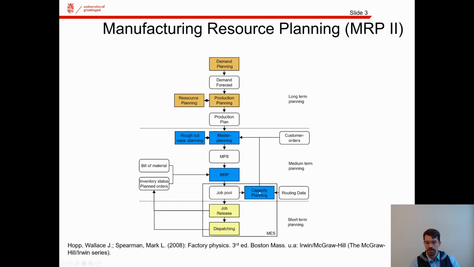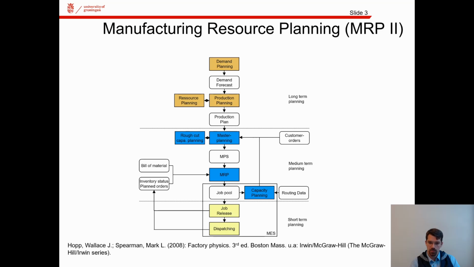But the problem is here you can only take into consideration the orders which have been put already in the job pool. And you don't know which capacity will arrive in the future. Therefore, the resource planning and the rough cut planning are quite important. Here you can, for example, just adjust shifts so that you identify people who are working in the first, second, or third shift. And of course, you can plan overtime if something goes wrong.